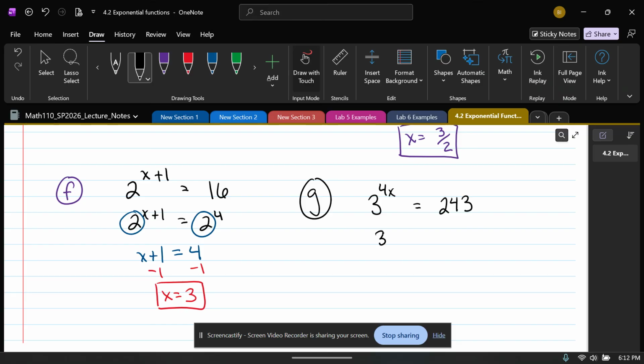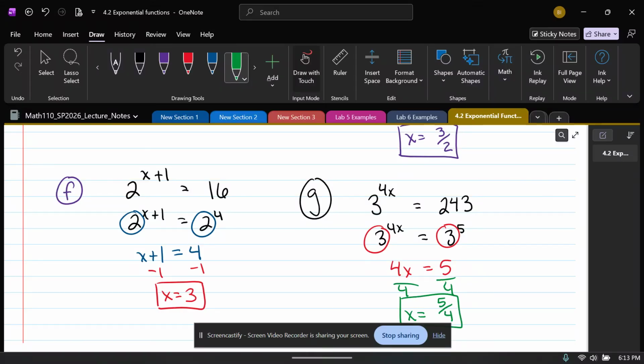So we have 3 to the 4x equals 3 to the 5th. Bases are the same. So our equation that we're going to work is what? Yeah, 4x equals 5. Divide by 4. x is that fraction, 5 over 4, or 1.25 if you did a decimal there. Same thing, right?